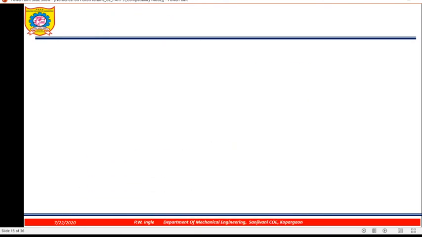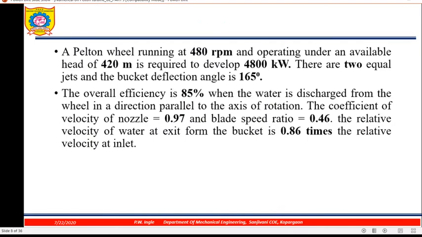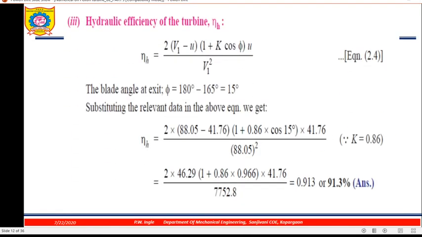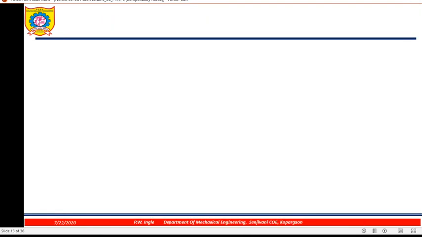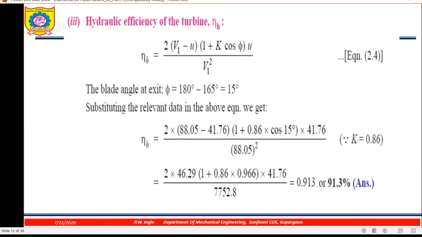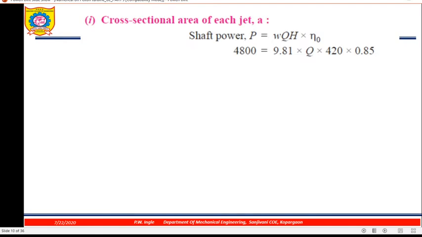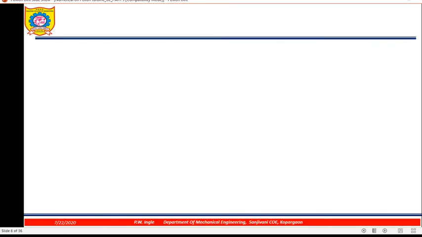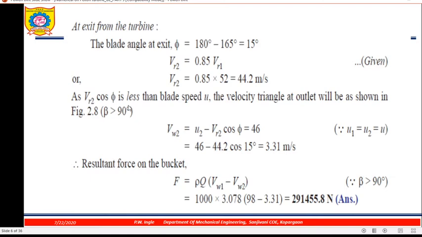By using the velocity triangle, if Vr2 cos phi is less than the blade speed, that is u2 plus Vw2, you see that side.